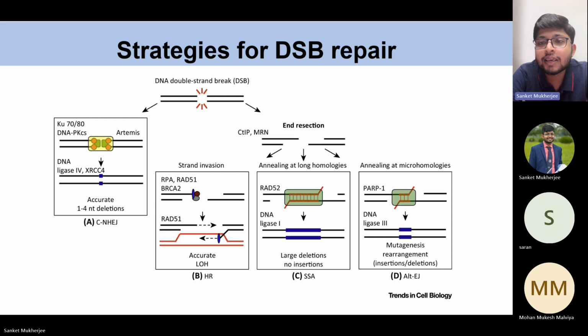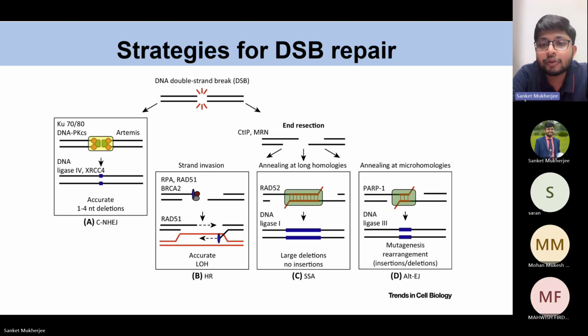If there are MRN proteins, a group of three proteins, MRE11, RAD50, and NBS1, if I'm not wrong, and if the MRN protein complex is involved in a double-stranded break, then usually the repair machinery goes into homologous recombination. So these are the two major ways of DNA double-stranded break repair.